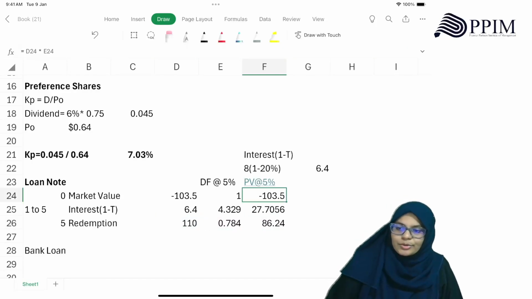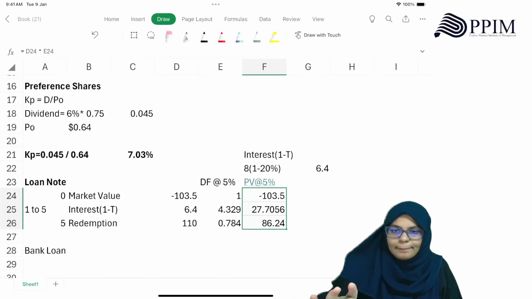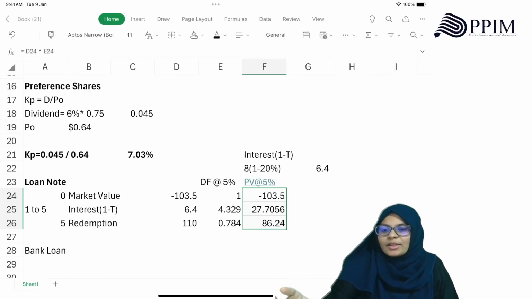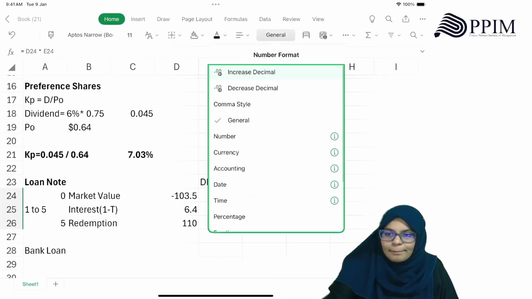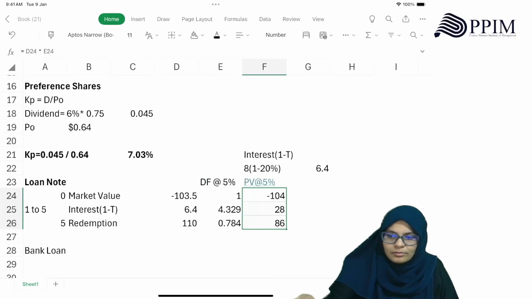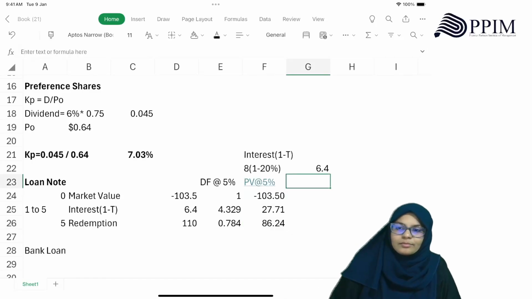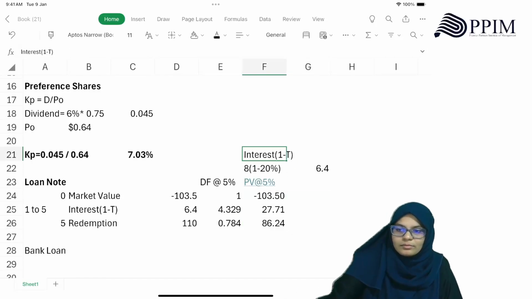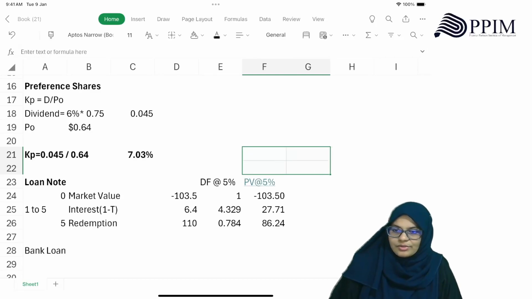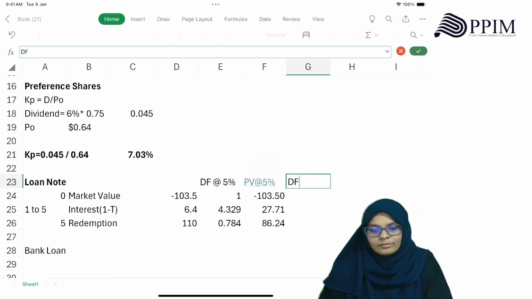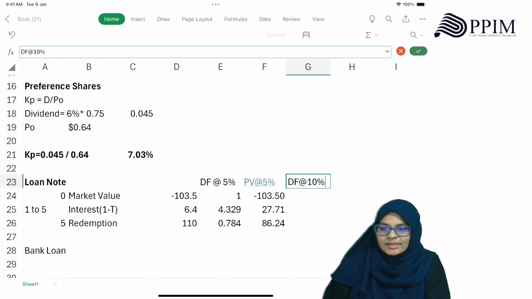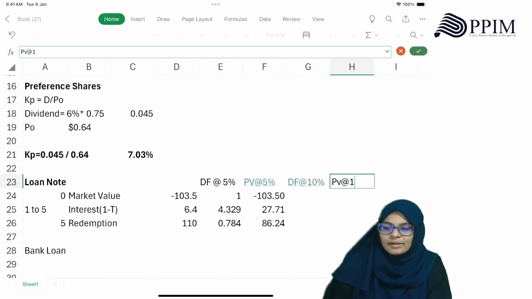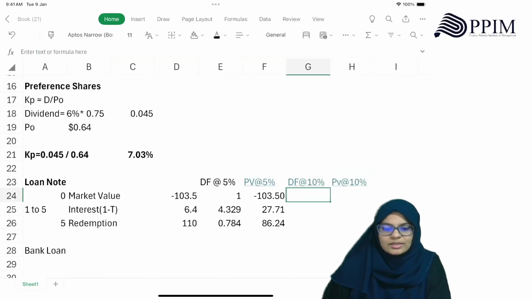So let me take it to 2 decimal places. Okay. So same thing you need to do for another discount rate. So maybe you can use 10%. Okay. The discount factor at 10%. The present value at, this will be 1.